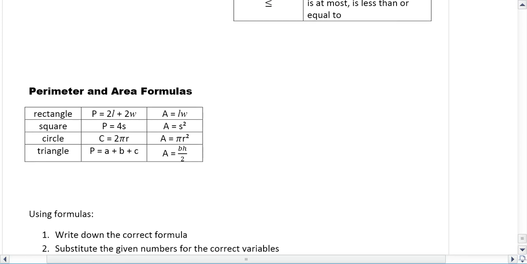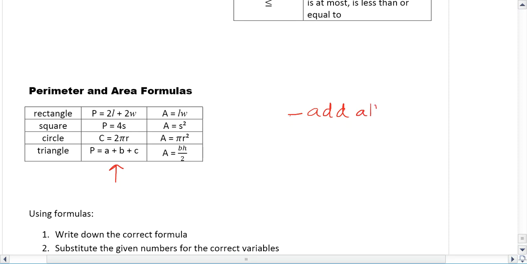Right, this next table here are just some familiar formulas, and they will ask you to use some of these in your assignment. So again, if you need to write down any of these area formulas for these shapes, please do so. An easy way to remember perimeter, if you don't want to write all this down, is to find perimeter, you simply add all the sides of whatever the shape is you're working with.